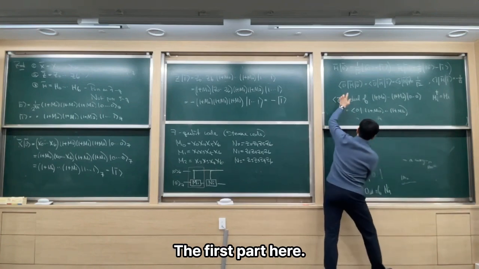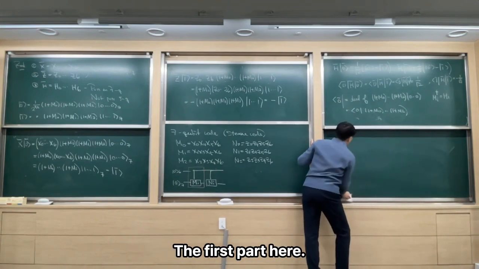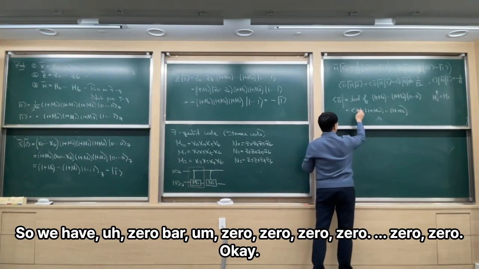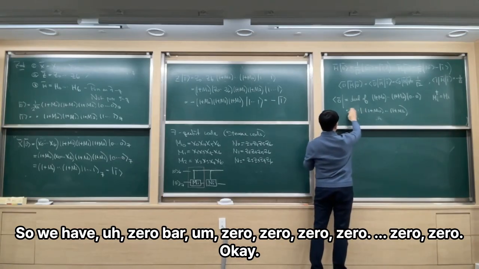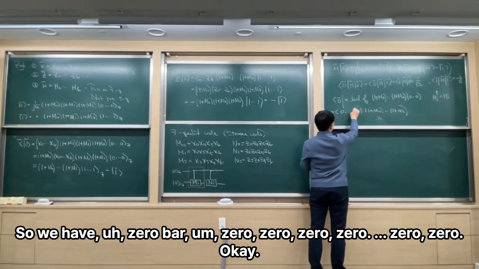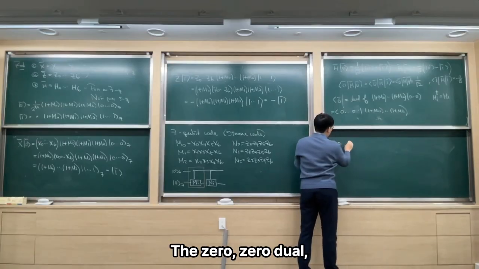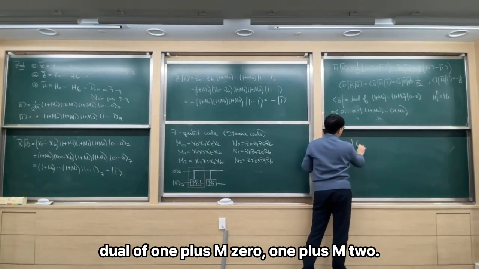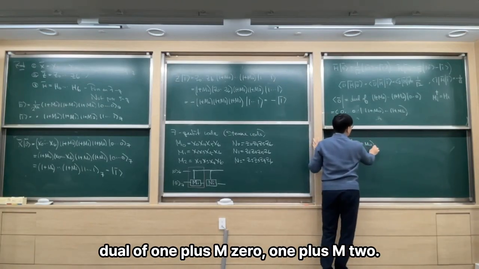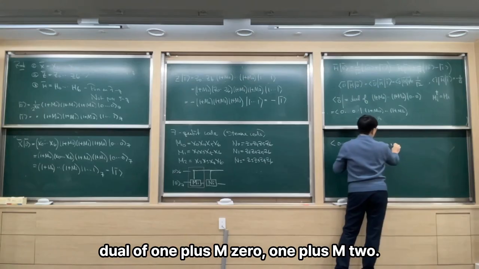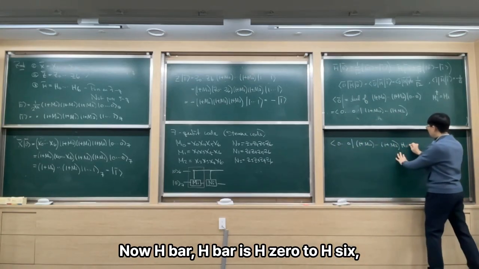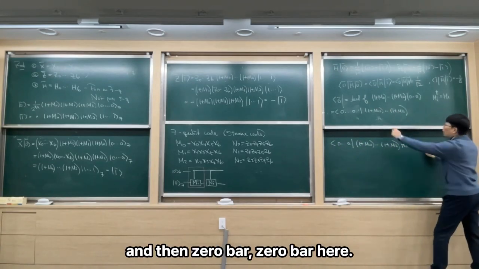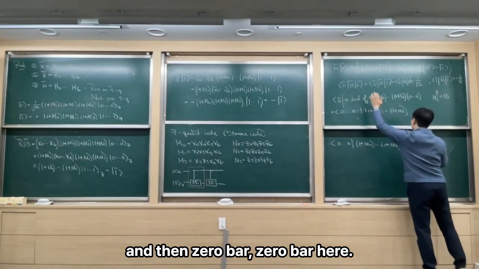The first part here. So we have 0 bar, 0 0 0 0 0 0. Okay. So 0 0, dual of 1 plus m0, 1 plus m2. Now h bar is h0 to h6, and then 0 bar here.